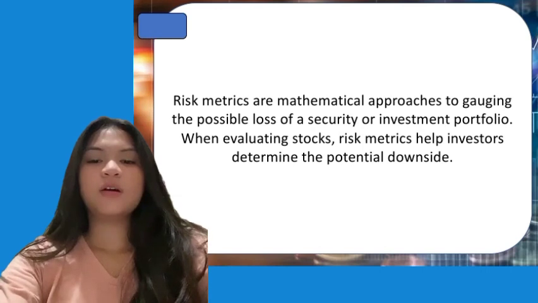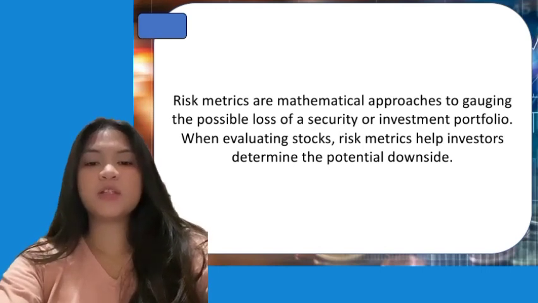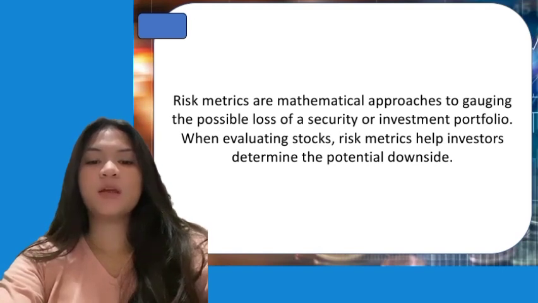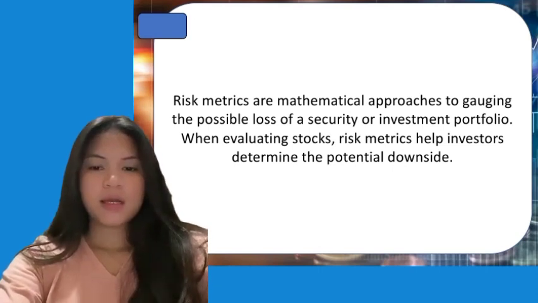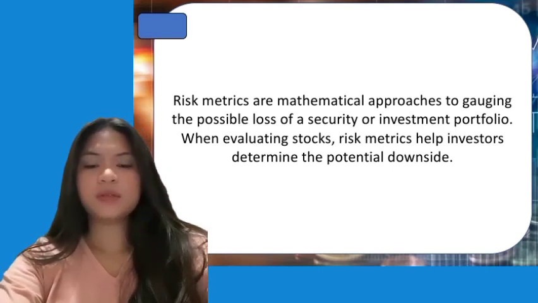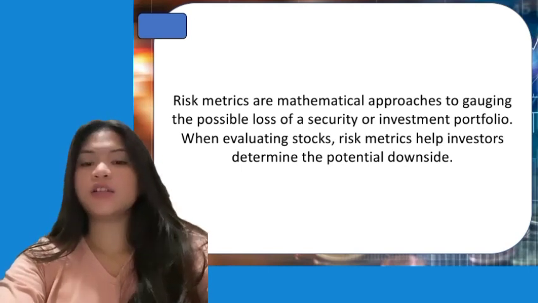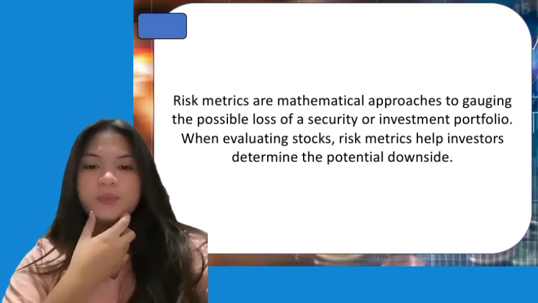So risk metrics are ways to measure how much money you can lose if you invest in something. When you buy shares of a company, risk metrics help you figure out how bad it can get if the company does poorly. Some examples of risk metrics are value at risk, beta, and Sharpe ratio.